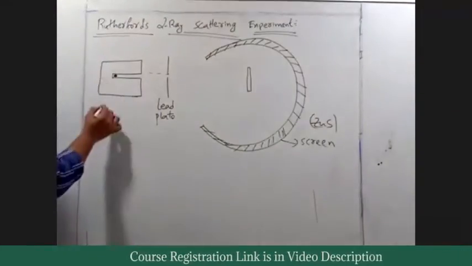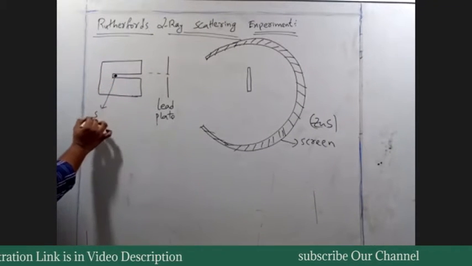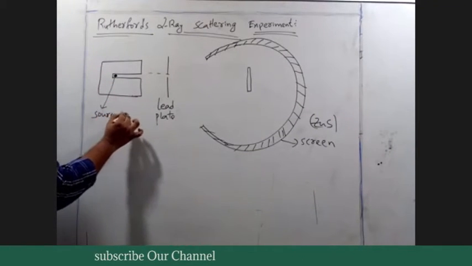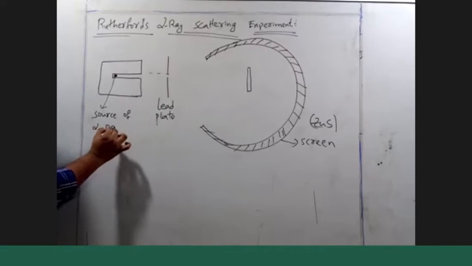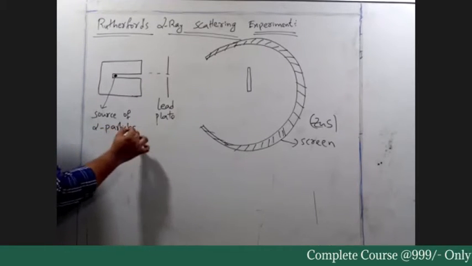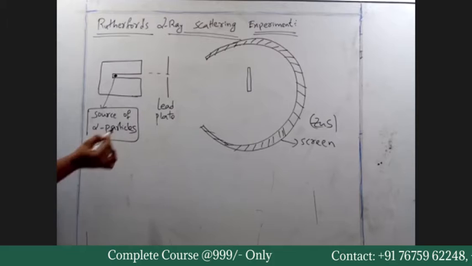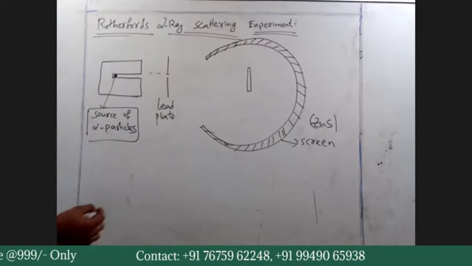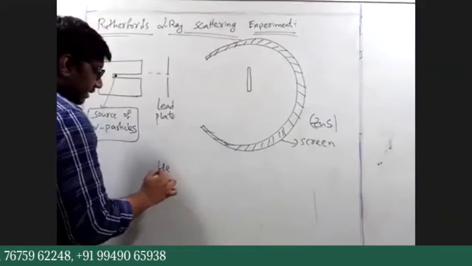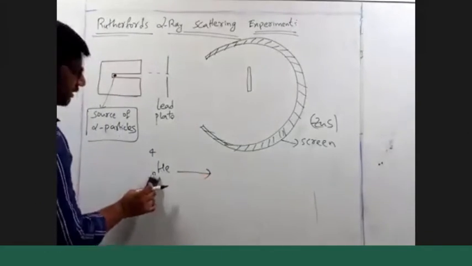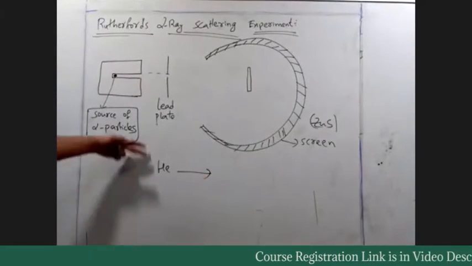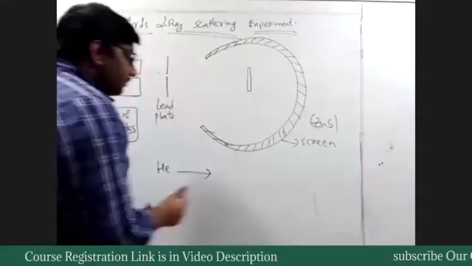So this is our source of alpha particles. So what are alpha particles? If you have a helium atom, let us not write 2 and 4 now itself. Let us say helium atom.